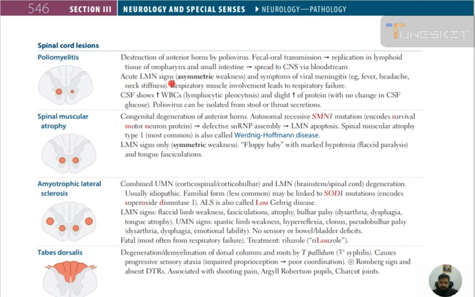Respiratory muscle involvement leads to respiratory failure, and CSF shows increased WBCs, lymphocytic pleocytosis, and slight increase of protein with no change in CSF glucose. Poliovirus can be isolated from stool or throat secretion.